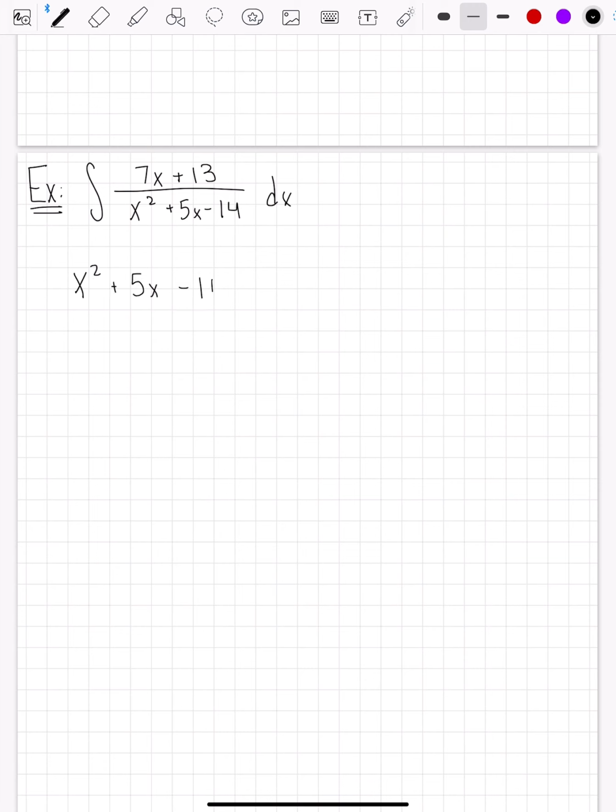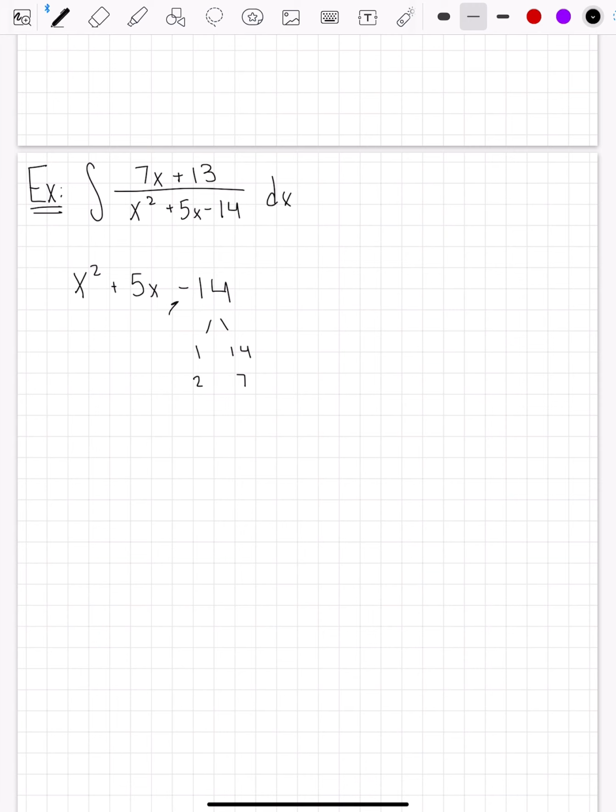And remember, to factor, we have to see what multiplies to the last term, the term that has no x next to it, and adds up to the coefficient of the term with just x in it. So what multiplies to 14? That's 1 and 14, 2 and 7. Is there any more? No. So you have to see what combination.